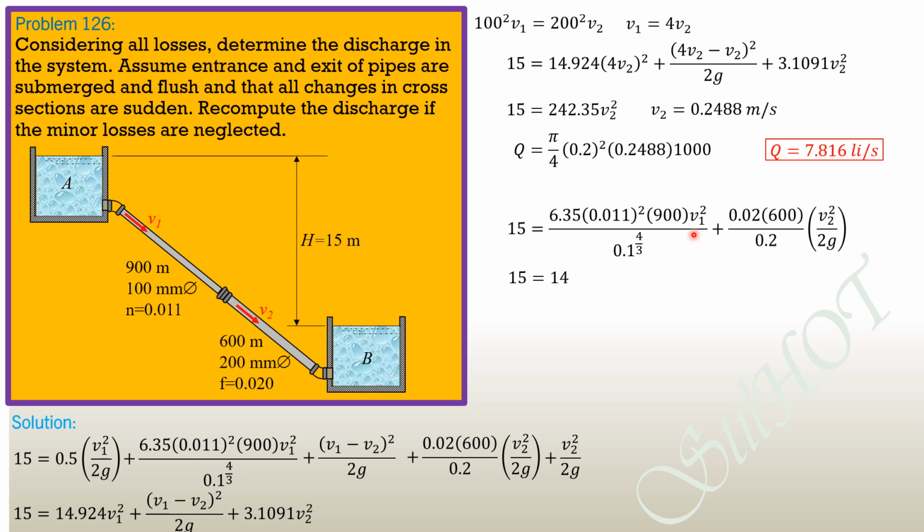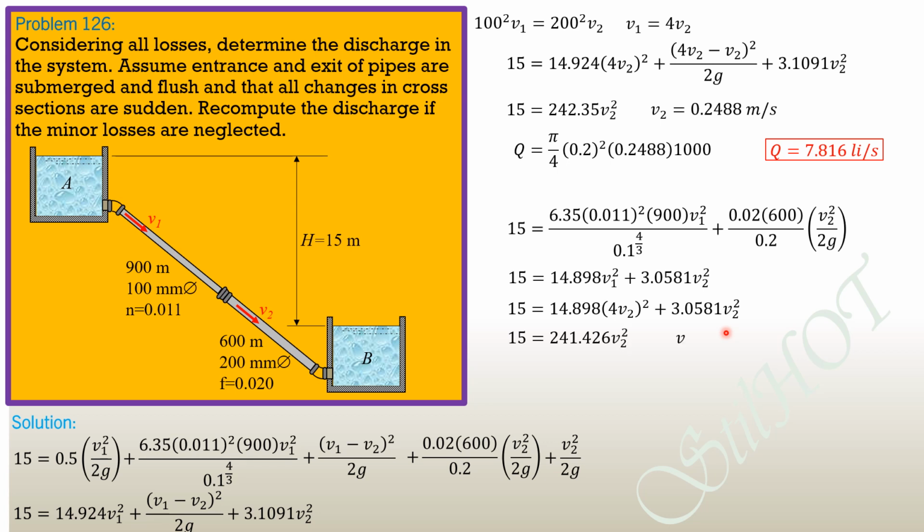Replacing V1 by 4 times V sub 2, we have 14.898 V1 squared plus this value, 3.0581 V sub 2 squared. Then combining like terms, we have 15 equals 241.426 V sub 2 squared.